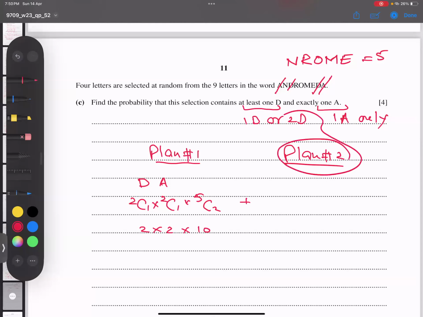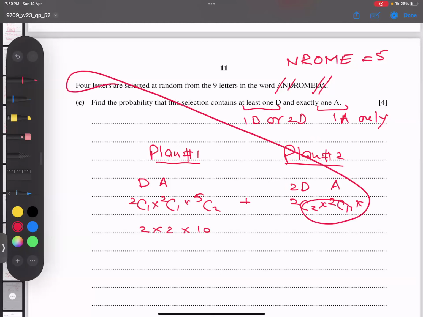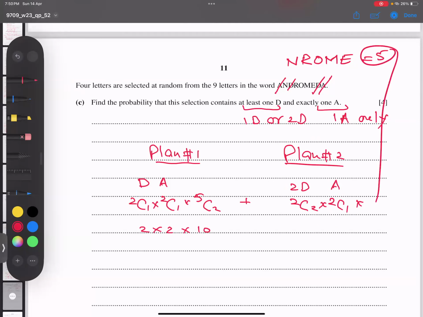And the second plan is what? 2 D's. So 2 D's I need, so 2C2 for the 2 D's. And I need a single A, so 2C1, because out of 2 A's I need 1. And because 3 are done, out of 4, 1 is left. So from 5 letters, I need 1, so 5C1. And 2C2 is 1, no need to write. 2C1 is 2, and 5C1 is 5, so I got 10 from here.